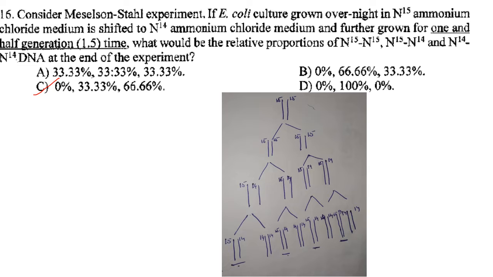But if you take option B, you will see that they have written N15 N14 as more in number than N14 N14, but that is not correct. The correct answer is 0%, and N15 N14 is lesser than N14 N14. So it will be 33.33% and 66.66%.